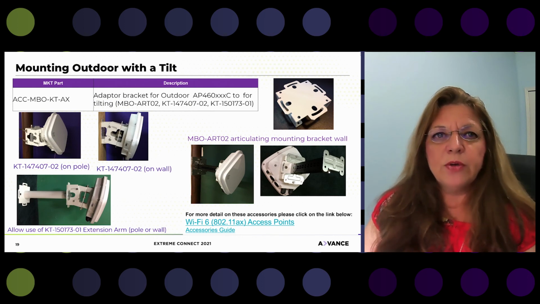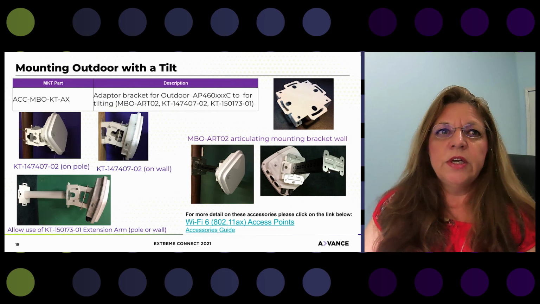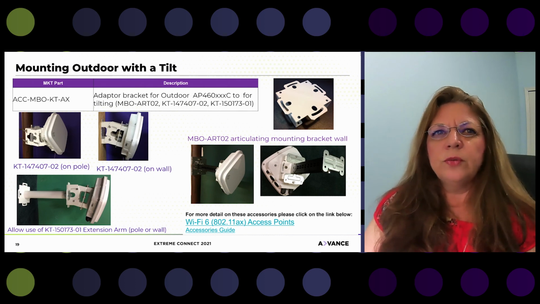That's an adapting mounting bracket for all the outdoor C model APs, whether it's the 460, the S6C, or the S12C. You can order the 147-407. That lets you mount to a pole or a wall and do a plus or minus 15-degree tilt. If you need to extend it more on the wall, you can also order the KT-150-173-01. That gives you 12 inches from the wall. That's if aesthetics are important.